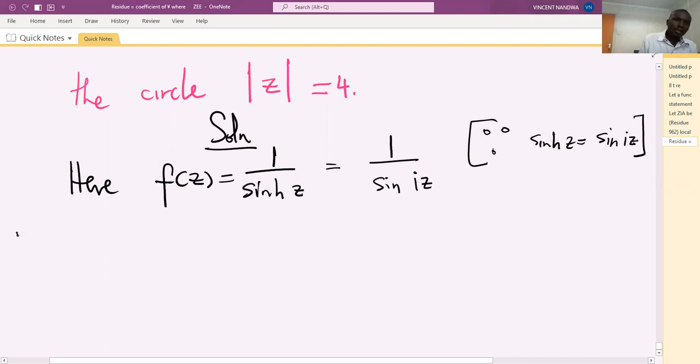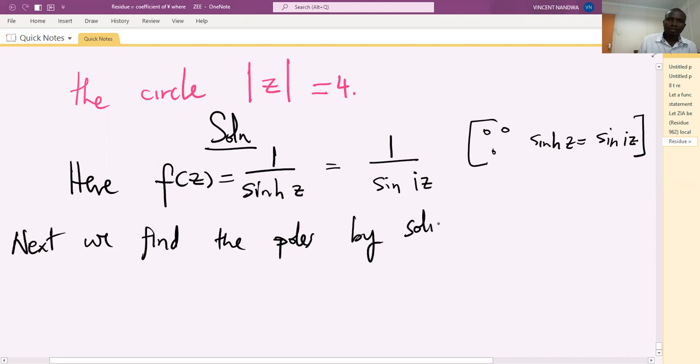So next, we find the poles, by solving hyperbolic sine of z, which is the same as sine of iz, equals 0.